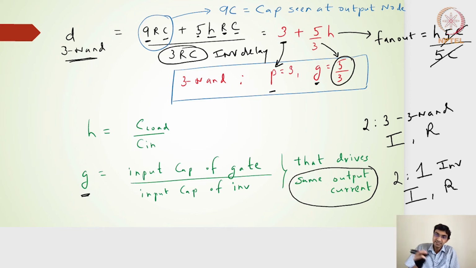So the capacitor discharging current will be I, and the 2:1 inverter will have the same I. So the logical effort should always be defined for a gate by benchmarking the inverter size so that both of them give the same output current.